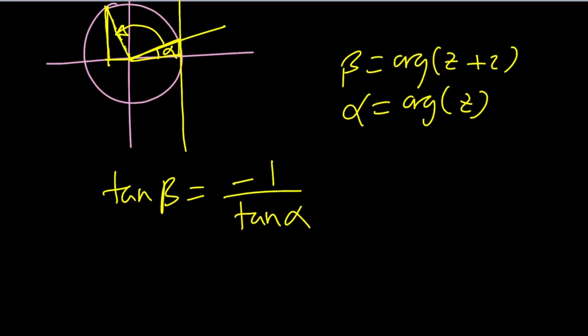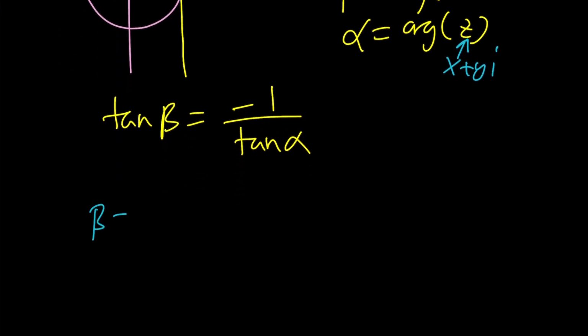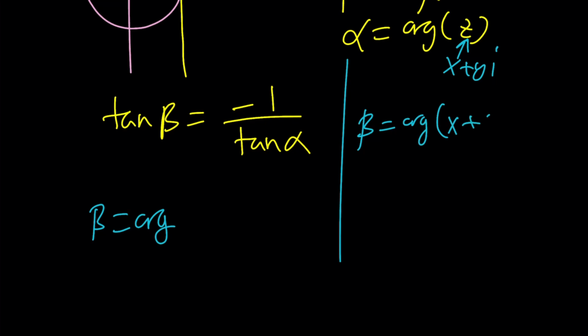And now we're going to replace z with x + yi, even though the channel's name is a + bi. It's okay, you get the idea. We're going to call this x + yi, and then we're going to get the following. Beta is equal to argument of x + 2 + yi, and alpha is the argument of x + yi.